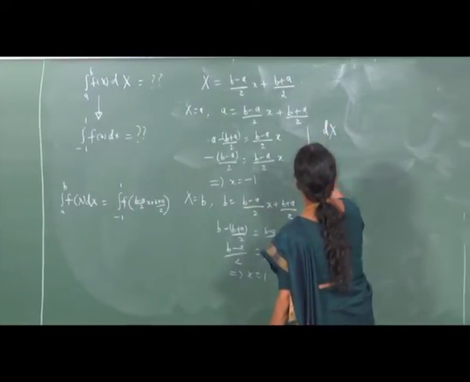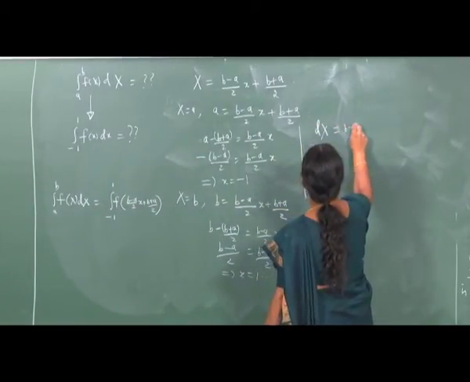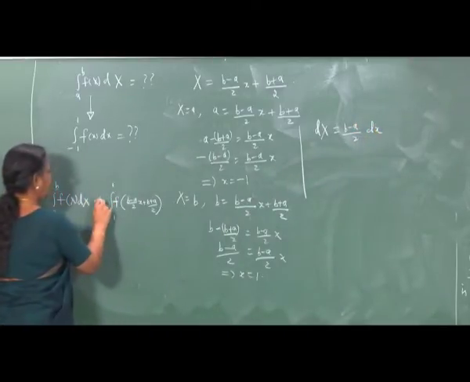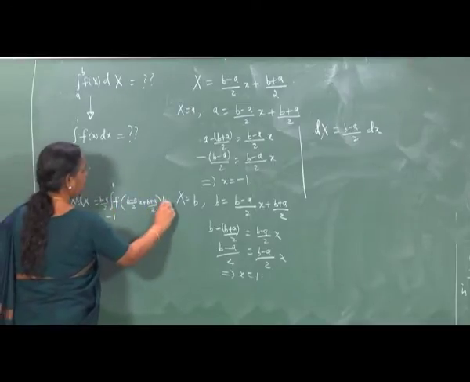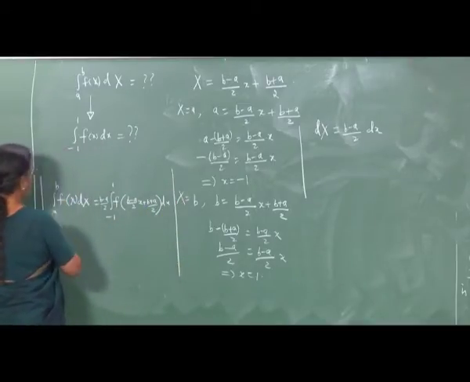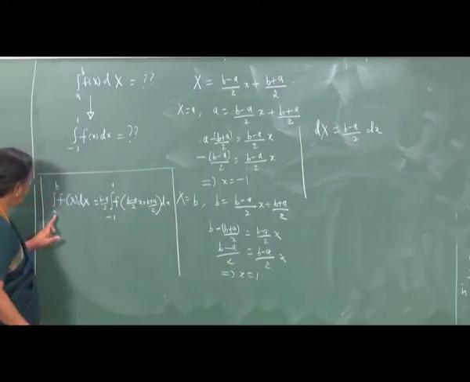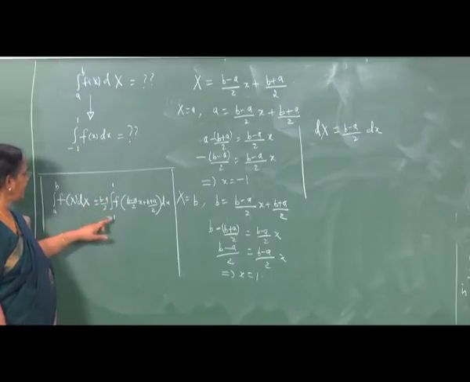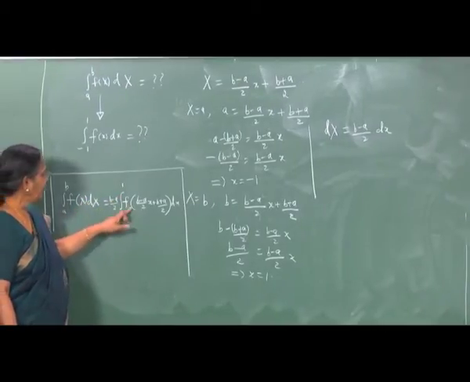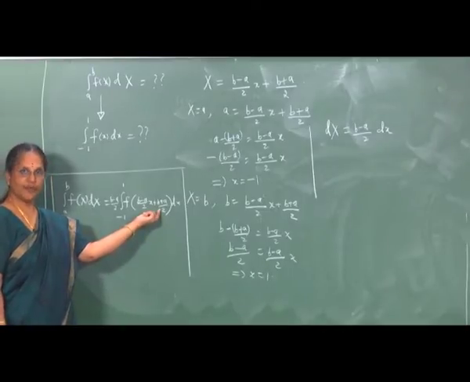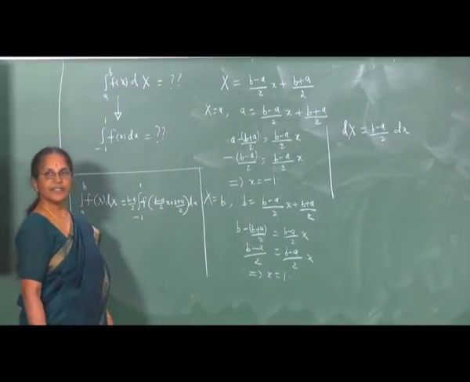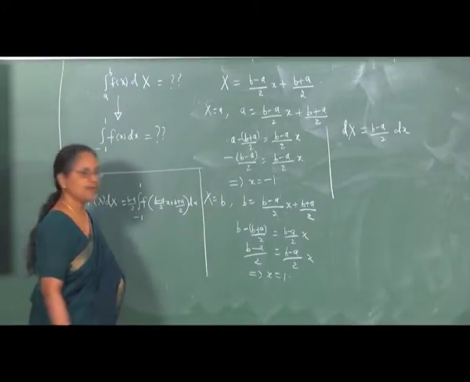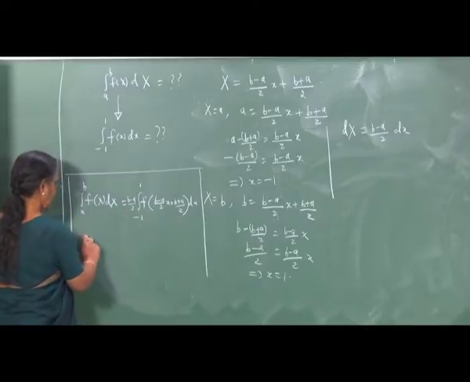So, d capital X from here is b minus a by 2 into dx. So, if I have integral a to b f of capital X dX, it is b minus a by 2 integral minus 1 to 1 f evaluated at this node into dx. So, suppose say I apply Gaussian quadrature with n is equal to 2 and evaluate this integral. What is it?